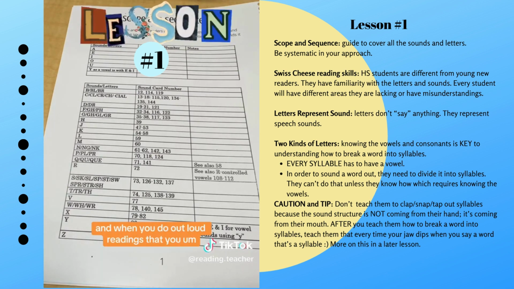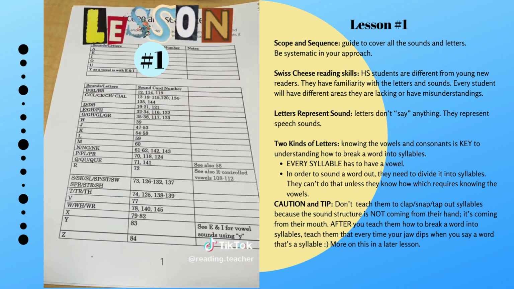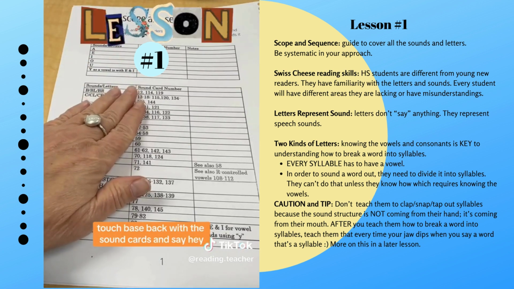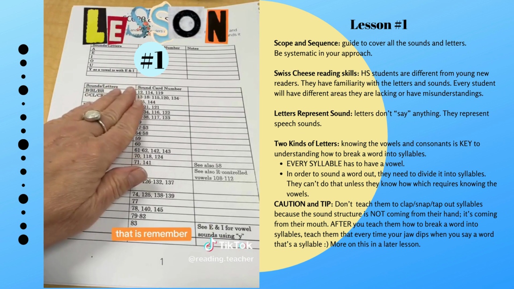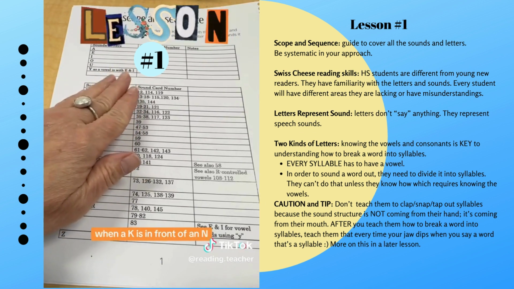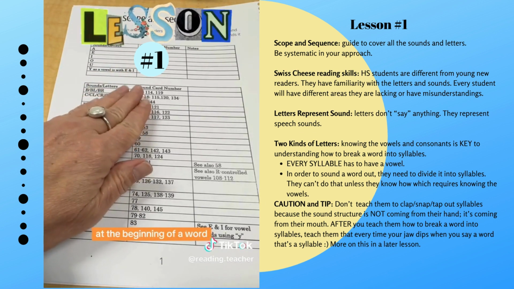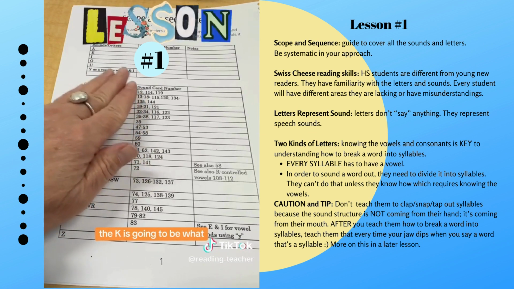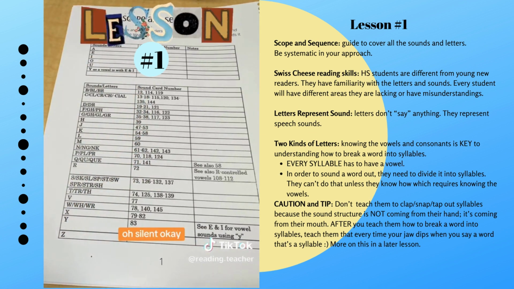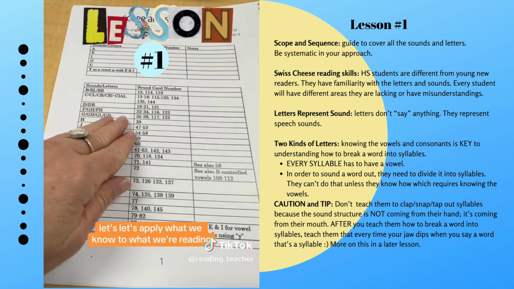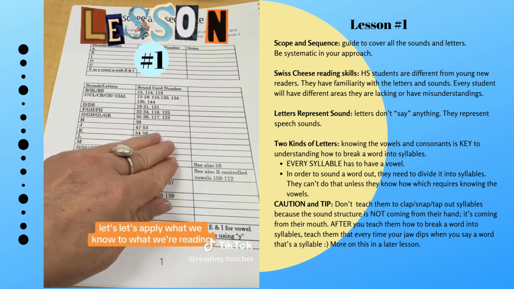And when you do out loud readings, touch base back with the sound cards and say, hey, remember when a K is in front of an N at the beginning of a word, the K is going to be what? And they'll answer, oh, silent. Okay, so let's apply what we know to what we're reading.